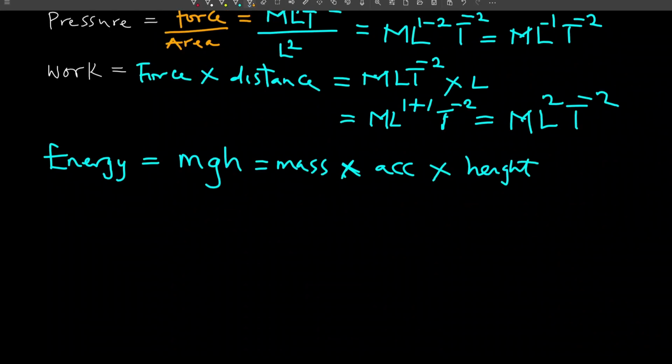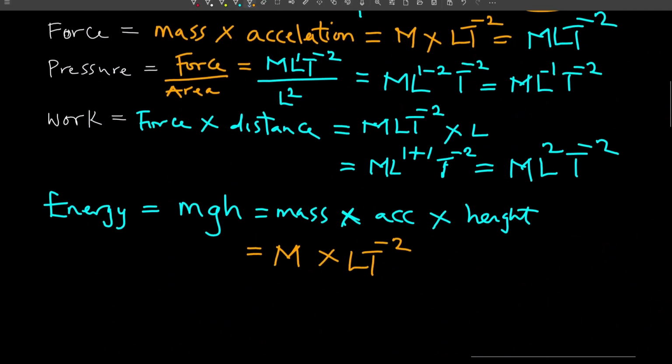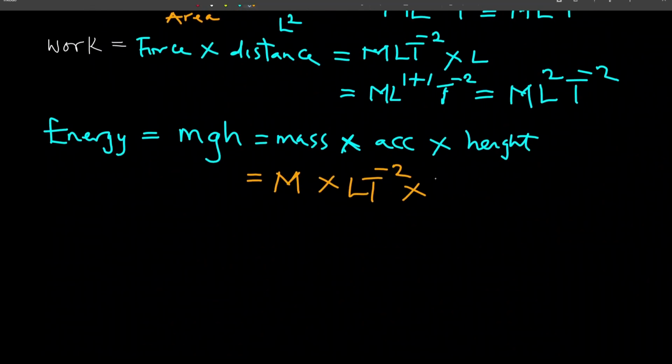So what is the dimension for mass? Mass is M. The dimension for acceleration is LT raised by minus 2. You can recall that up here. And height is talking about distance, which is also length. So what's it going to give me? It's going to give me M L raised by 2, because we have L raised by 1, L raised by 1. That's 1 plus 1, 2. Then T raised by minus 2.